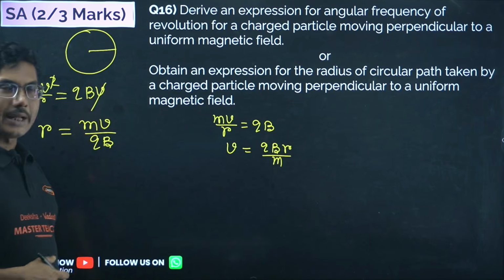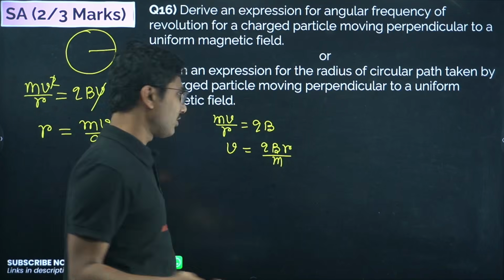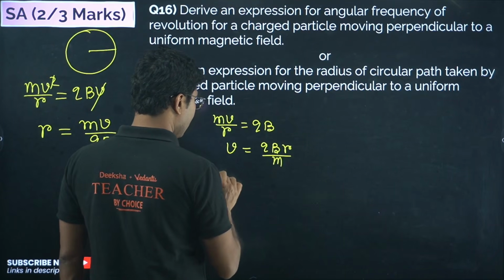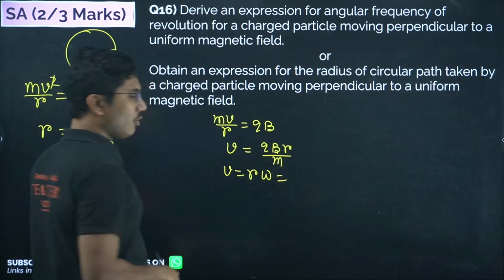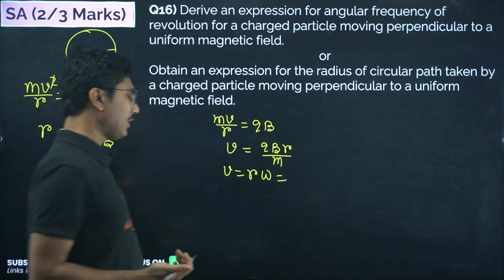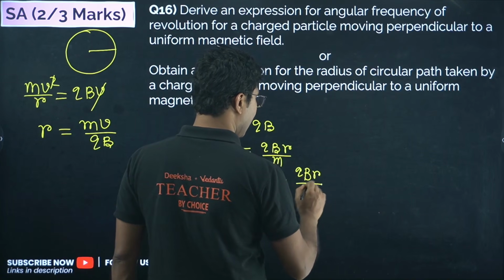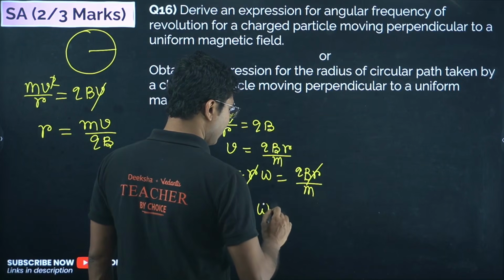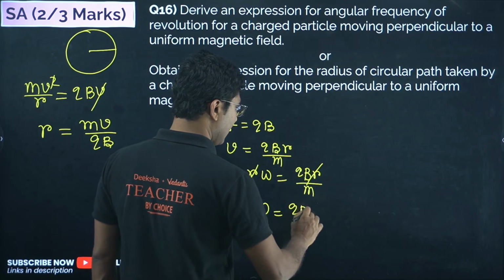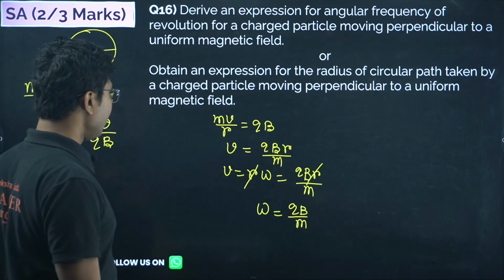The relationship between linear velocity and angular velocity is given by V equals r omega, where omega is angular velocity, angular frequency. That is equal to QB r by m. Obviously r gets cancelled and we get angular frequency equals QB by m. QB by m is the angular frequency.